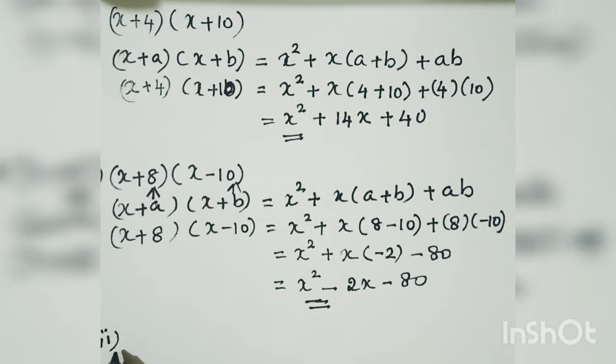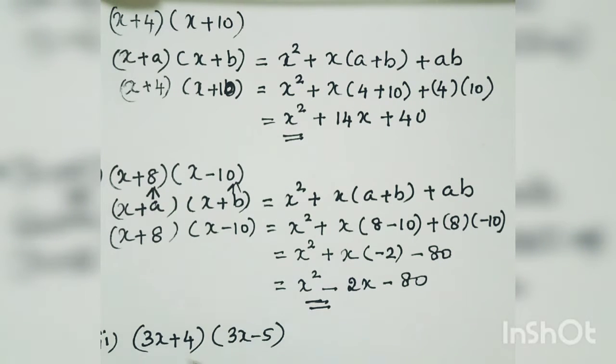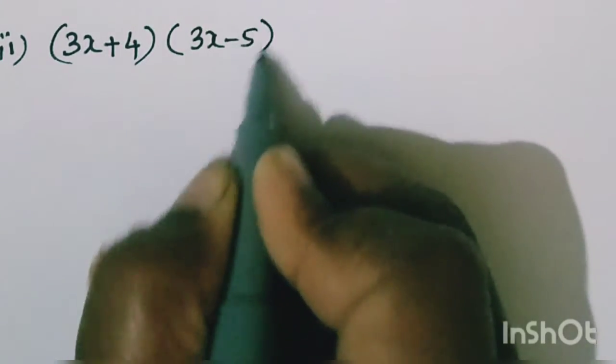So here the third question is 3x plus 4 and 3x minus 5.